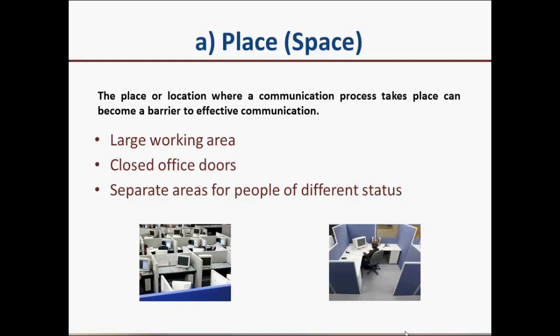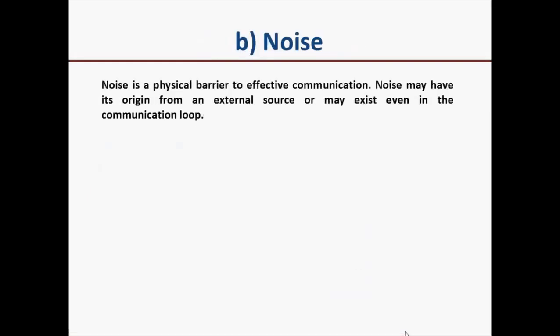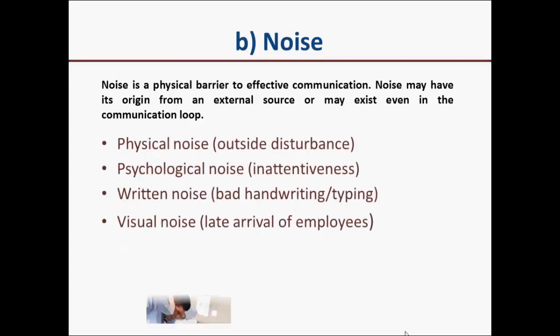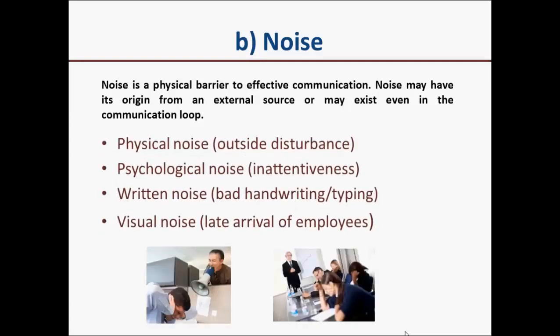Noise is a physical barrier to effective communication. Noise may have its origin from an external source, some people working outside, okay, or may exist even in the communication loop. Physical noise, outside disturbance, psychological noise, mental. You are thinking of something else.